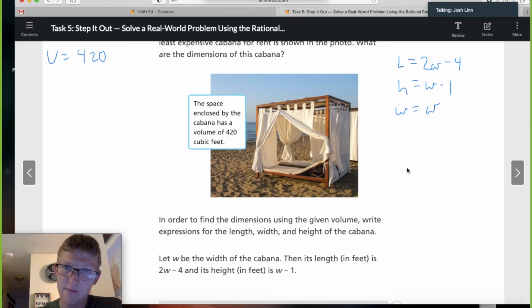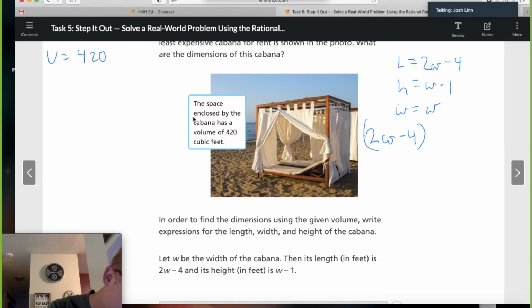We have a given volume, so first we need to find the volume ourselves using the dimensions. So again, length times width times height. So we've got 2w minus 4, w minus 1, and then w. And that equals 420, because that is the volume of our cabana. It's quite adorable.